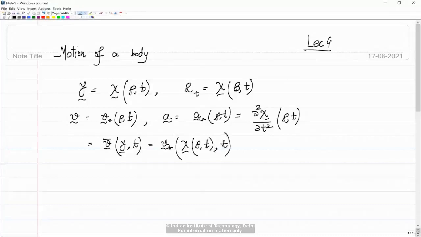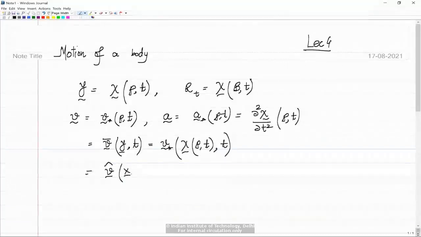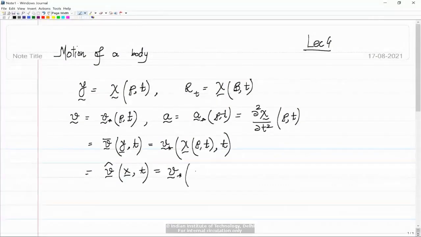Okay, and you can also think of the Lagrangian form of velocity, in which case the velocity is v hat, and it's a function of the reference configuration, the location of the particle in the reference configuration. And that can again be obtained through this v star, but using this reference map.